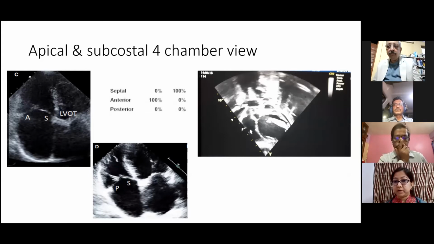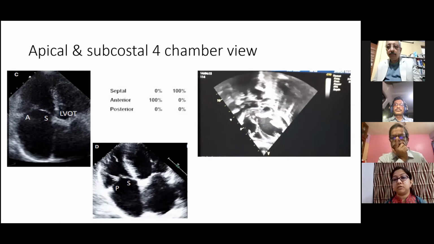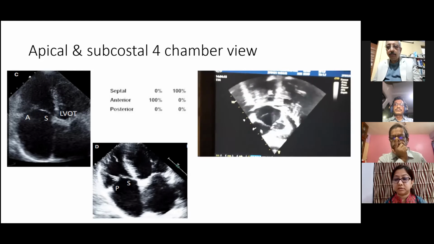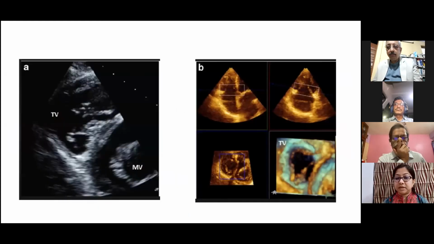Why is it important? It is important to identify these leaflets, though some studies have shown this is not very reliable. It is important because for the transcatheter therapies being given, the leaflets have to be identified properly.